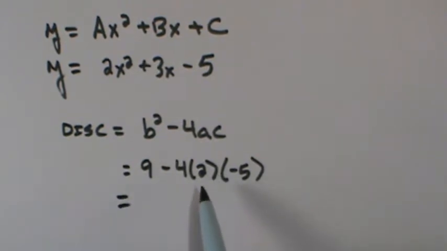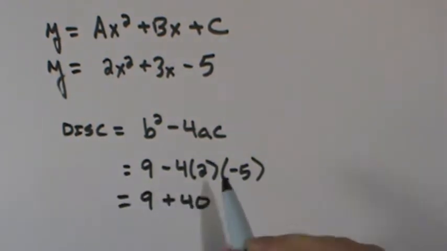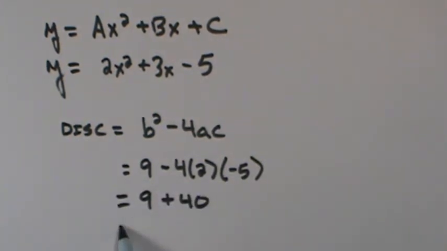So I can say -4 times 2 is -8. -8 times -5 would be 40. Of course, I give an example that's going to work out nicely. This will be 49.